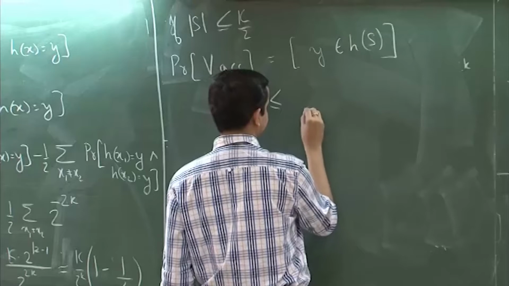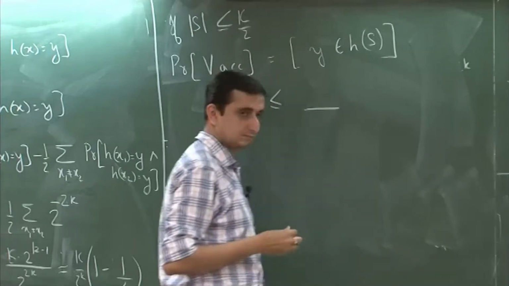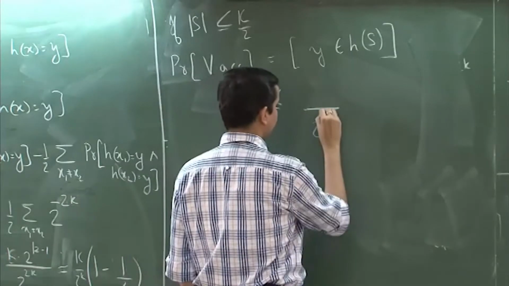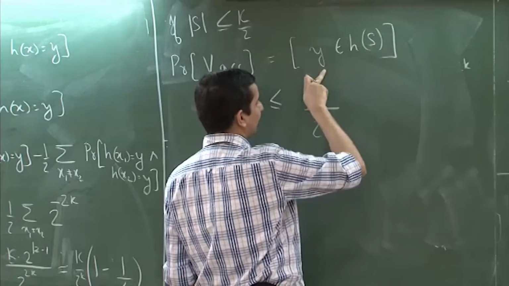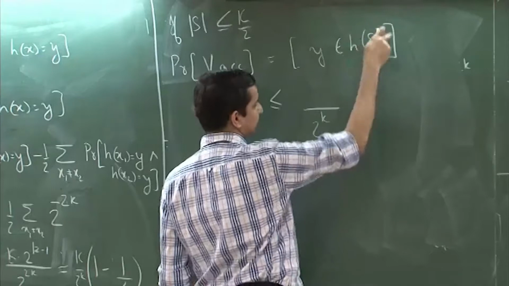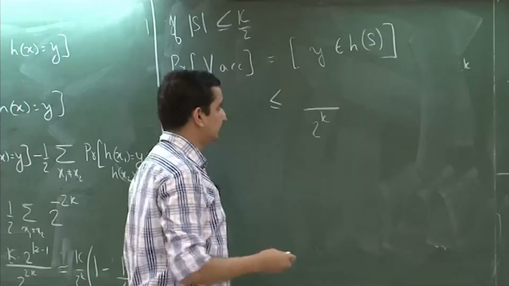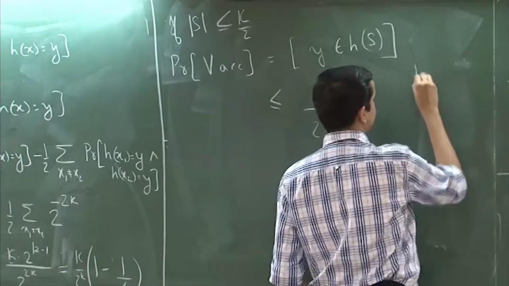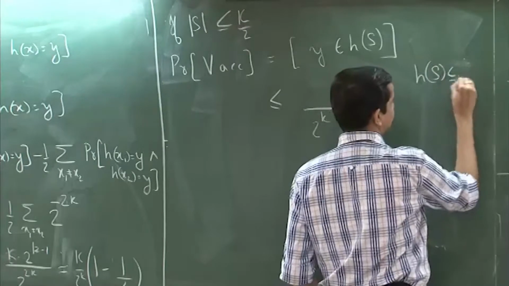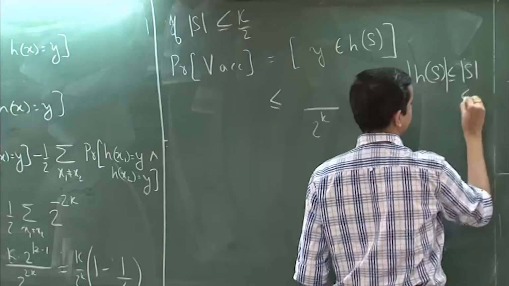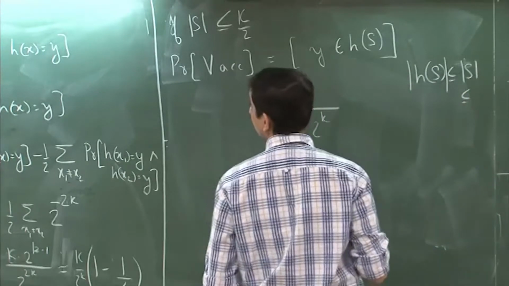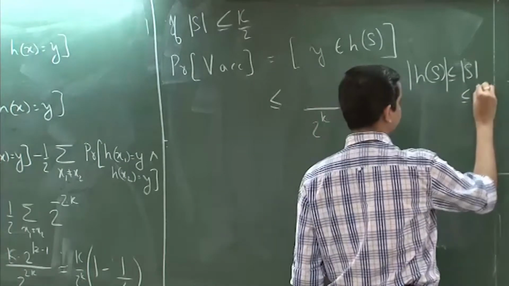I mean the size of the set, it is 2 to the power k, and the number of possible y's that I can have is the size of this set h of s, but again h of s is less than or equal to the size of s, which is less than or equal to k by 2.